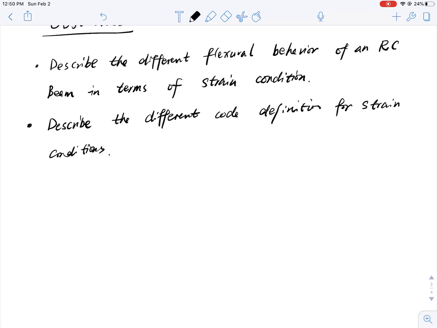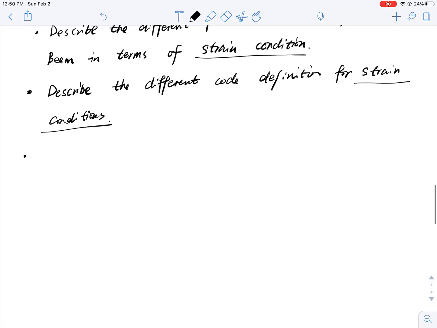So if there's one term I need you to pay attention to in this lecture, it is the strain condition. And last but not least, after this, we want you to be able to determine the strength reduction factor phi for flexure.